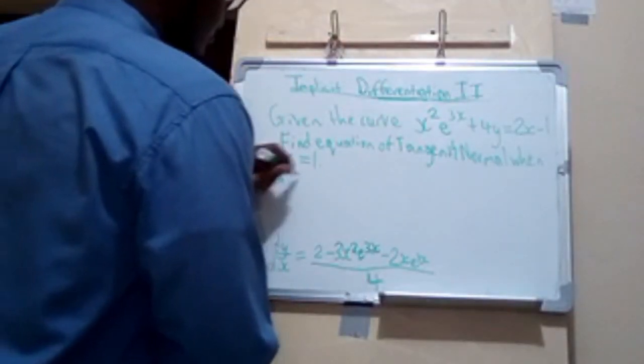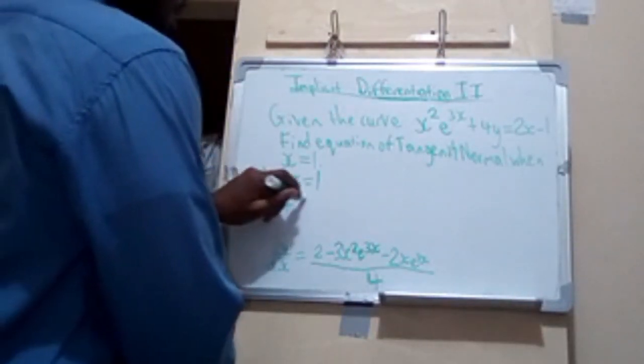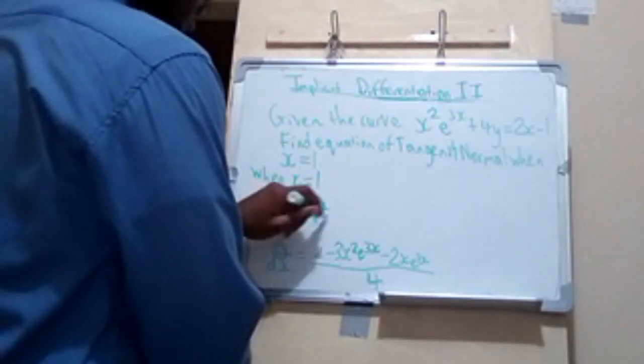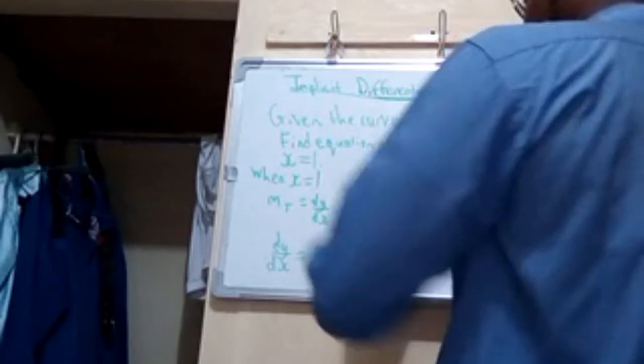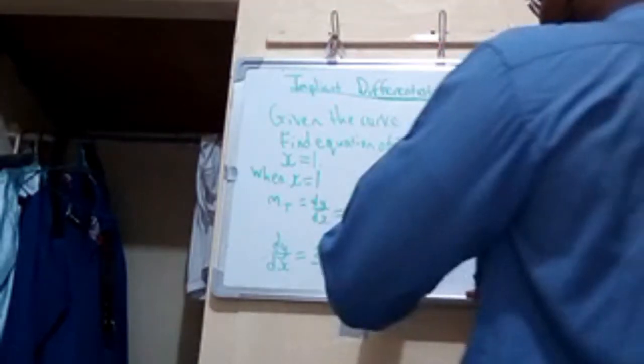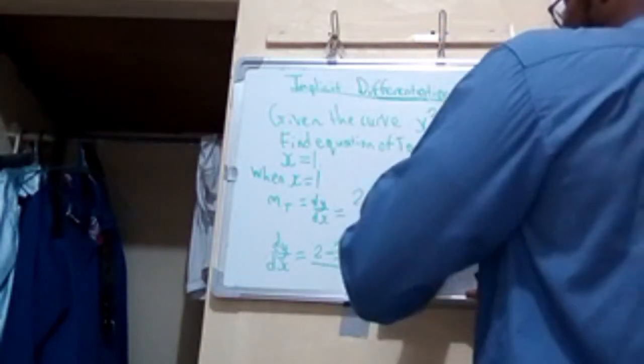So when x is 1, the gradient of the tangent, which is dy by dx, is equal to 2 minus 3 times 1 squared, e to the 3 times 1, which is e cubed, minus 2 times 1 times e to the 3 times 1, all divided by 4.